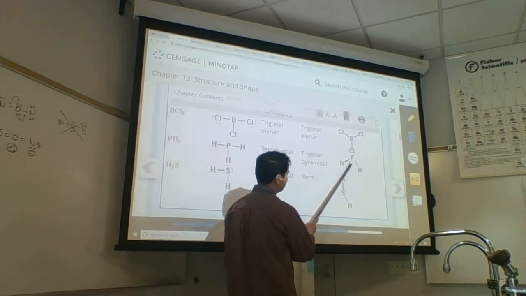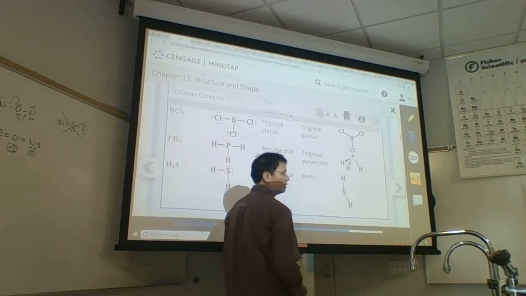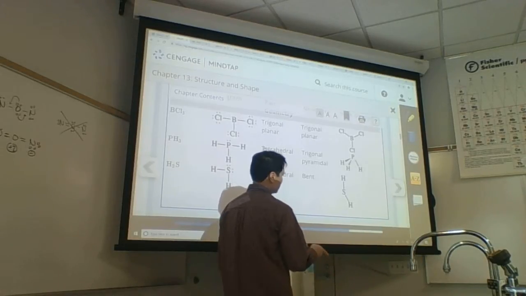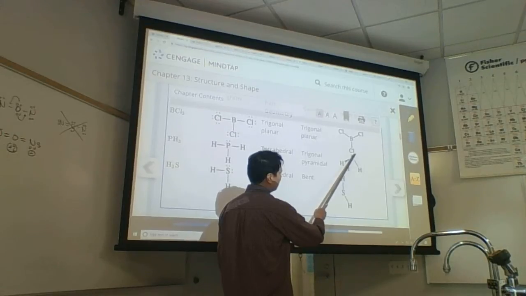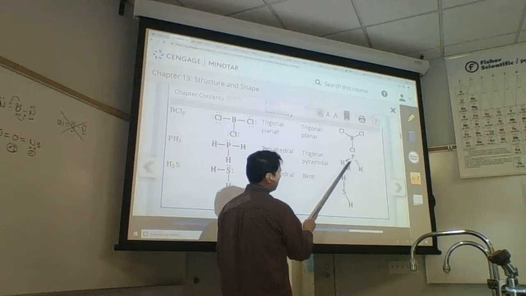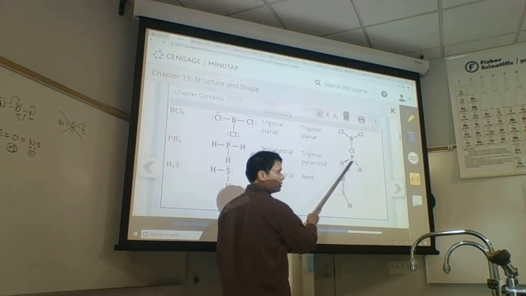There are 2 things I don't like about this structure. Do you know what they are? Yeah, there's a lone pair here, which is going to push these down. There's going to be distortion, but undistorted, what should the HPH angle be?